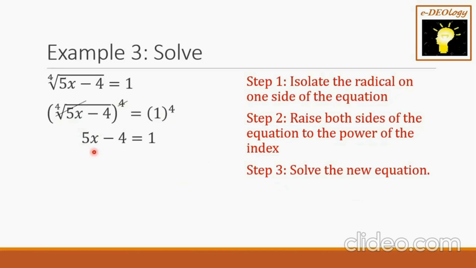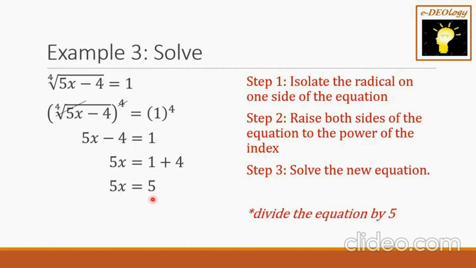Meaning we're going to solve for x. The negative 4 should be cancelled out by adding 4 to both sides. So adding 4 on the left side will cancel the negative 4. On the right side, when we add 4, it will be reflected here. So 1 plus 4, and then simplifying the 1 plus 4, we'll have the 5, and then we're going to divide the equation by the coefficient of x, which is 5.